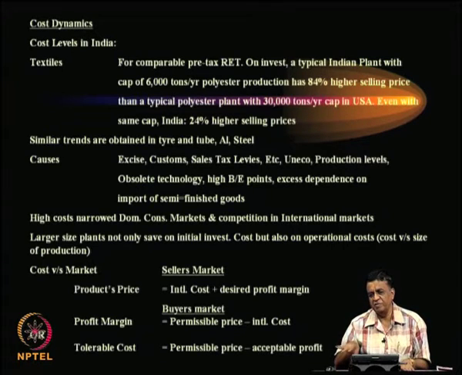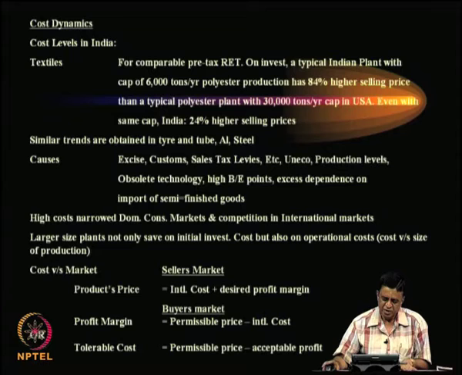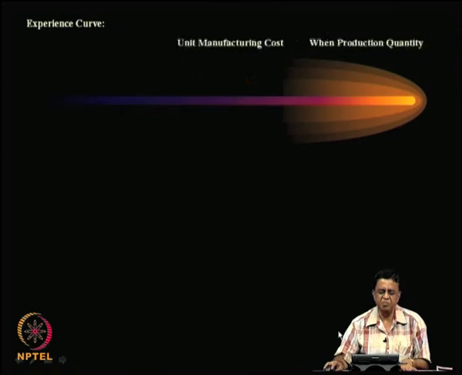How does it get reflected in quantitative terms? So, in a buyer's market, the profit margin will be permissible price minus the internal cost. It may result in profit or it may also go to loss. Or the tolerable cost would be equal to the permissible price minus the acceptable profit.